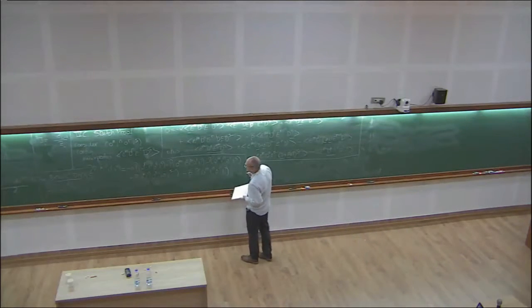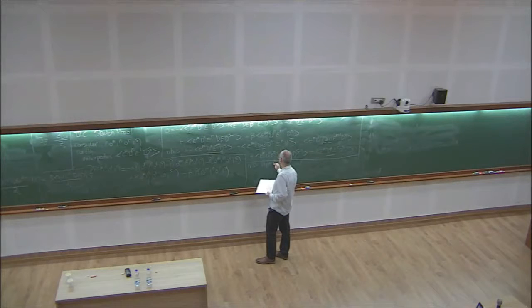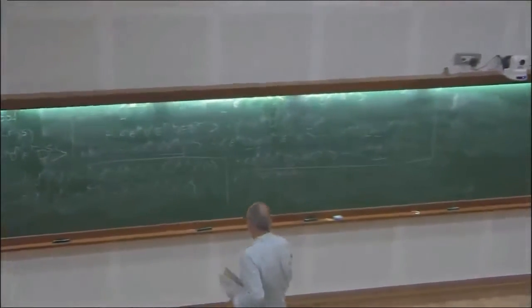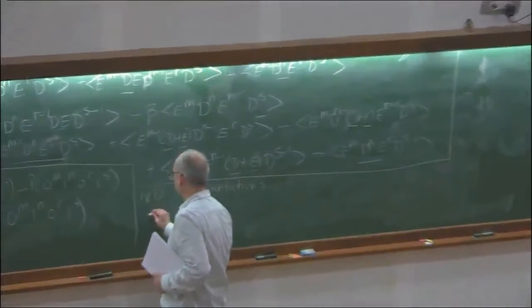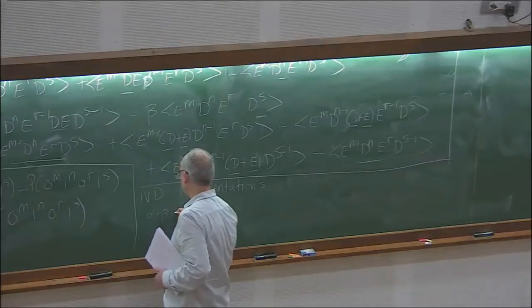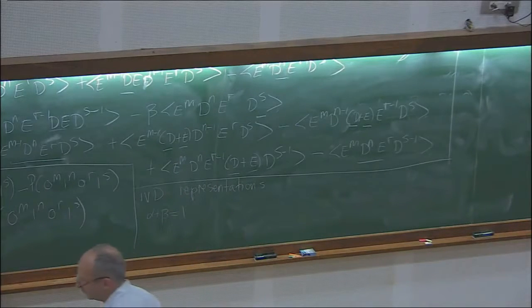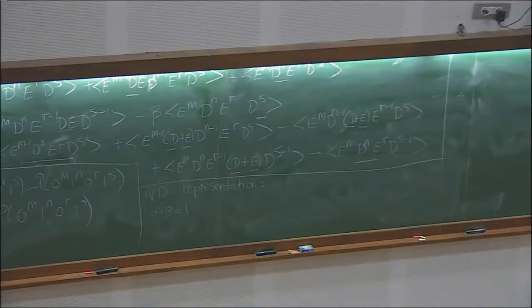Okay, so let me call this representations. There's one special case, as it turns out, and I'll just quote this to you. In the case alpha plus beta equals 1, we can actually just use numbers or scalars for D and E. If we want to use a scalar, then clearly D must be 1 over beta and E must be 1 over alpha, if these things are just numbers.